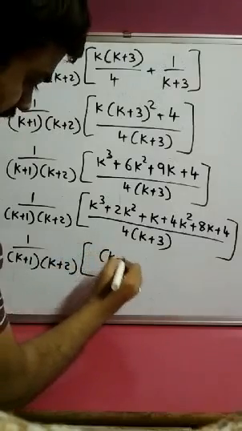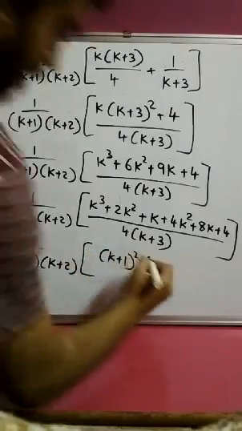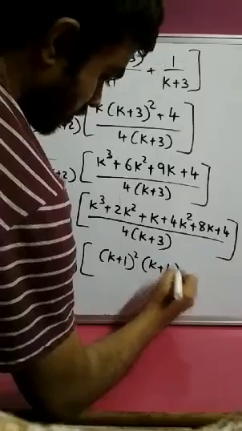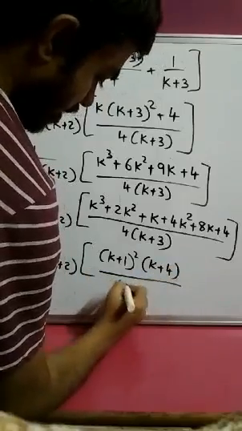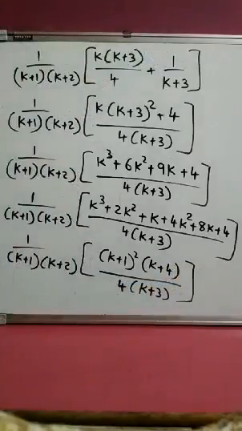If I separate (k plus 1), it will be (k plus 1) whole square, and here it will be (k plus 4) whole divided by 4 into (k plus 3). To get this I have done like this way. Okay, now we have got the answer.